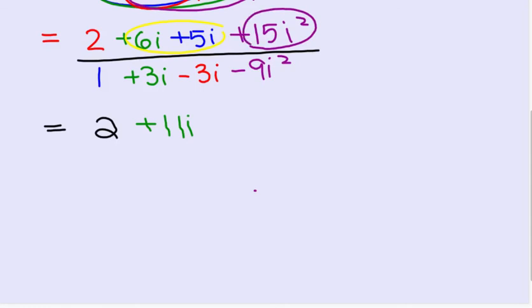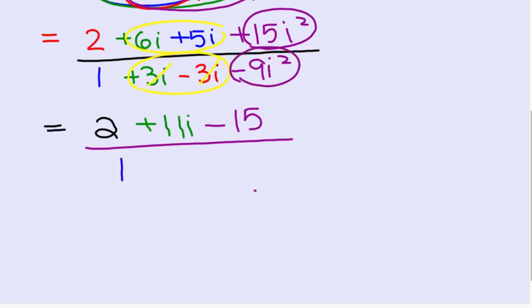Remember what the i squared does: it drops the i squared and changes it to a negative 15. And we have a 1. These are like terms, but they're a positive 3i and a negative 3i, so they cancel out. And now we have a negative 9i squared. That i squared, drop it, and change the sign to a positive.